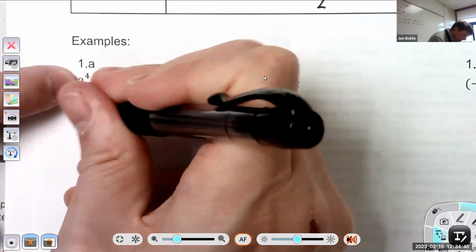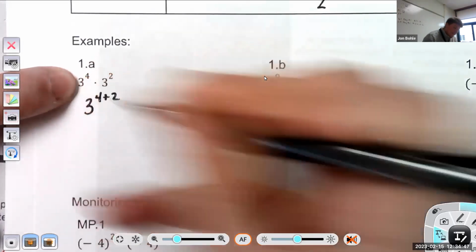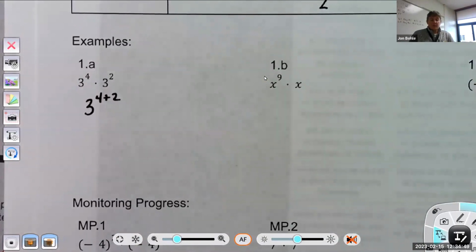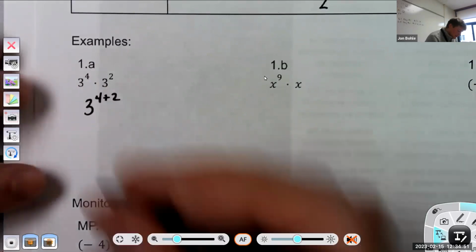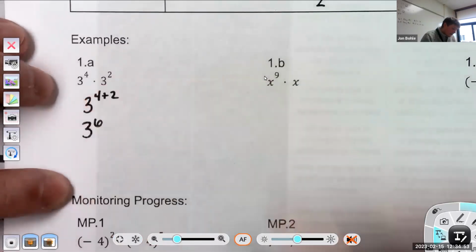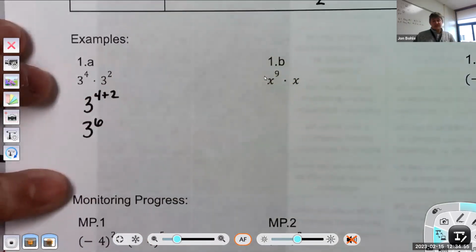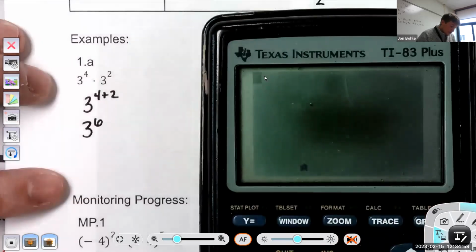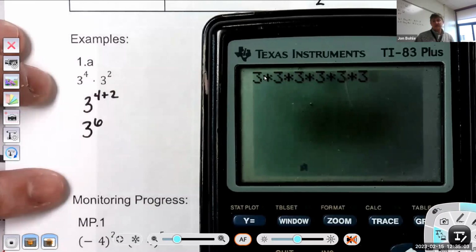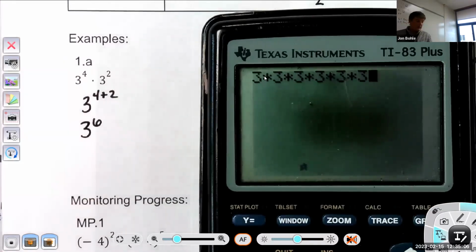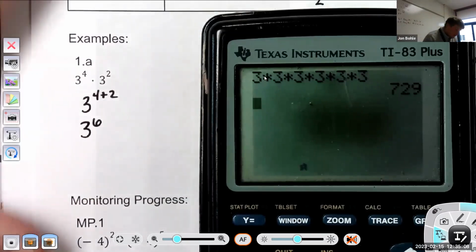So this is going to be 3 to the 4 plus 2 power. Okay, 4 plus 2 is 6. So this is 3 to the 6th power. And then since this is just a regular number, I would like to know what 3 to the 6th power is. So I'll take 1, 2, 3, 4, 5, 6 3's all multiplied by each other. And when I hit enter, it's 729.